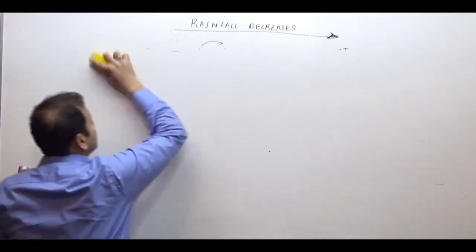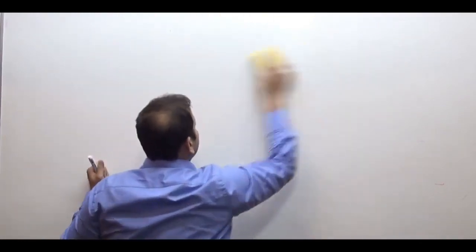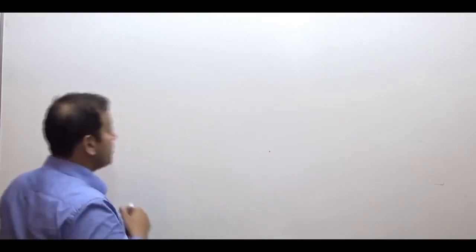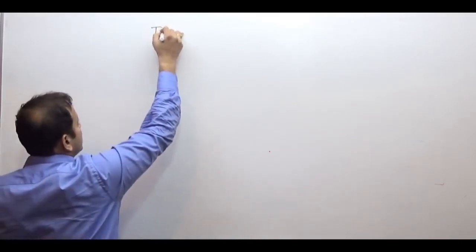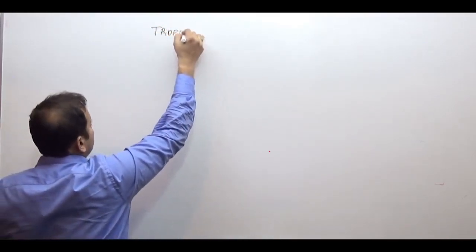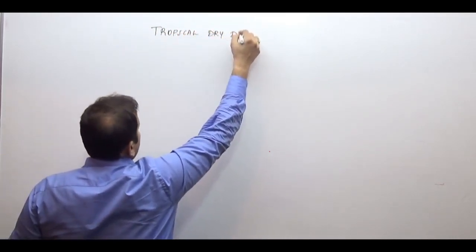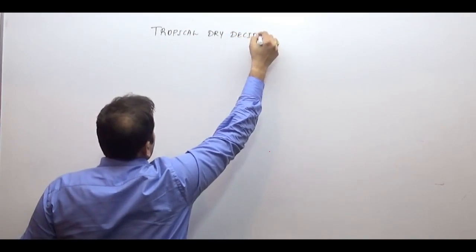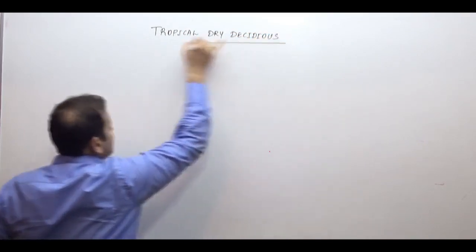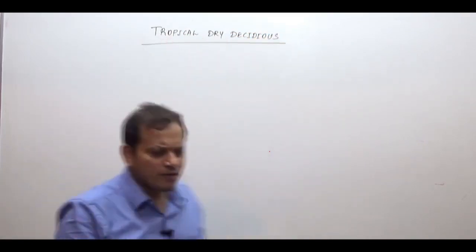Now let us look at the third type of forest, that is the tropical dry deciduous forest. Now the tropical dry deciduous forest we have already done.